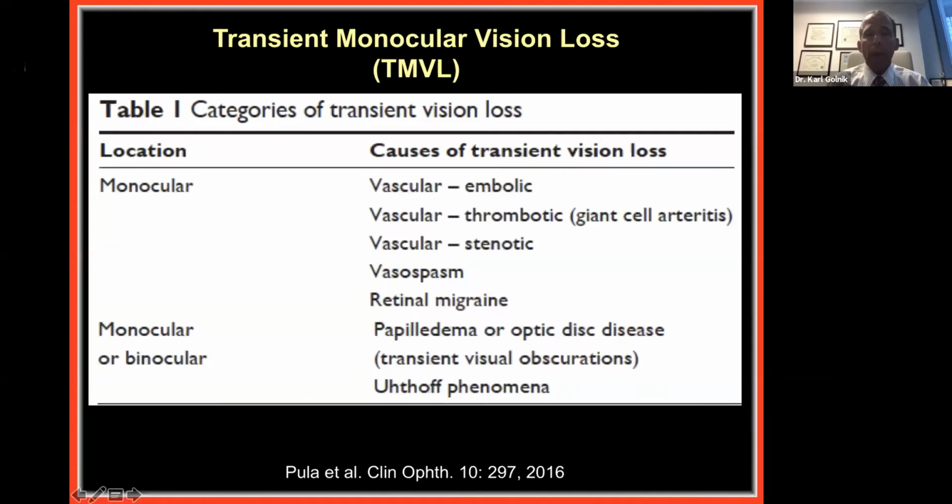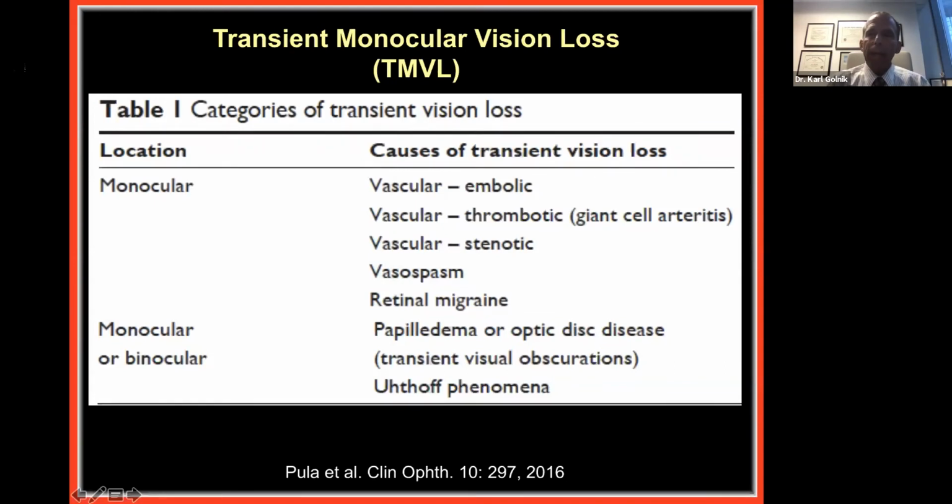Could it be vasospasm or retinal migraine? And then they talk about the category of monocular or binocular. So papilledema, optic disc swelling due to increased intracranial pressure, can cause transient visual loss, these so-called transient visual obscurations. And Uhthoff's phenomenon is another example.